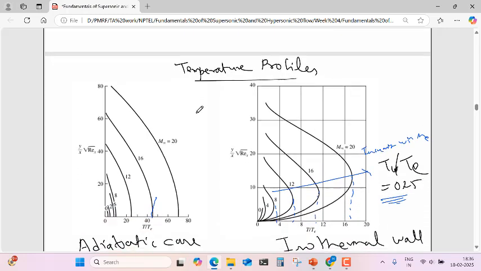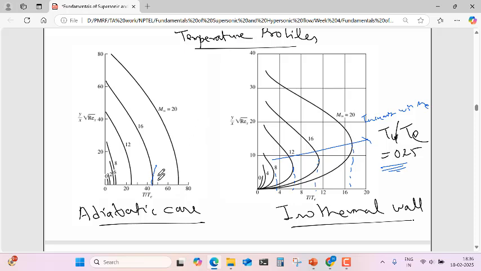But we will also compare the case with the adiabatic wall. In the adiabatic wall case, the temperature at the wall is higher than for an isothermal wall, and this temperature is also increasing with Mach number.